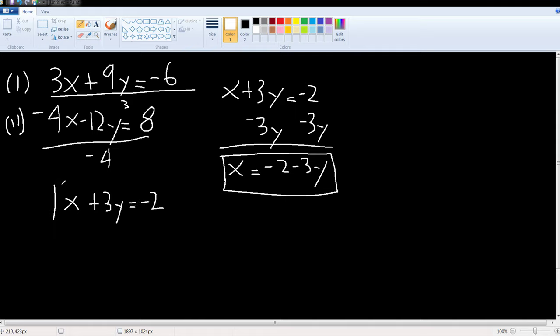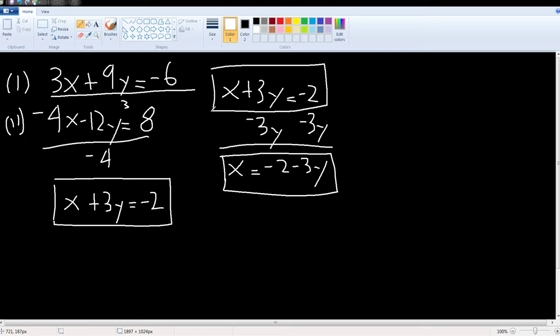Now we can see that we actually have two of the same equations: x plus 3y equals -2, and x plus 3y is equal to -2.